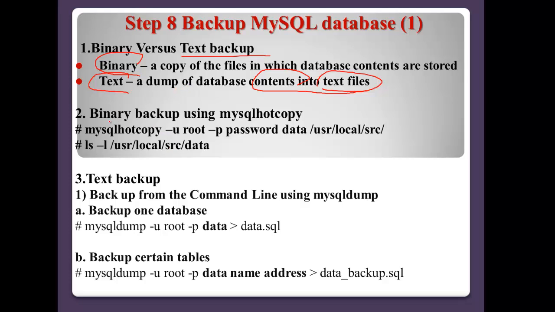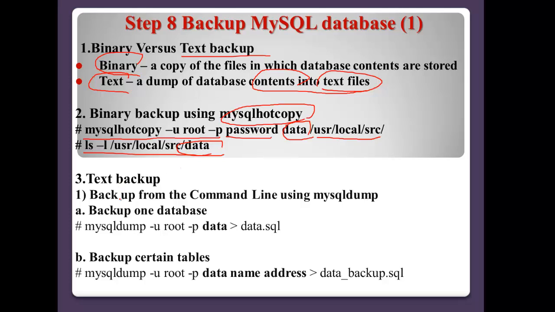First one, binary backup using MySQL hot copy. Here there is a command, MySQL hot copy, username, password, and the database name, in our case data, and then usr local SLC will be the destination directory to save the binary backup file. After that we can check using this command ls usr local SLC and data like this.